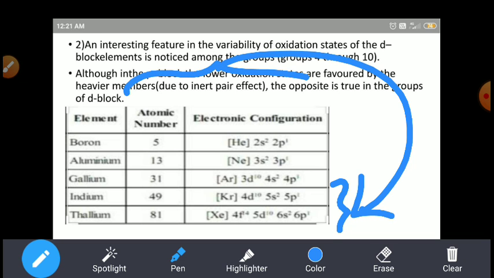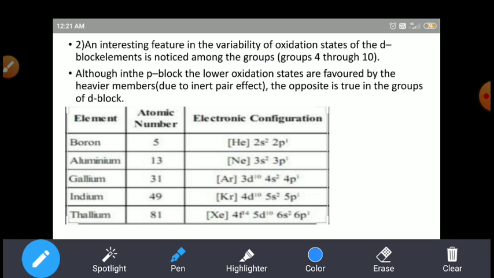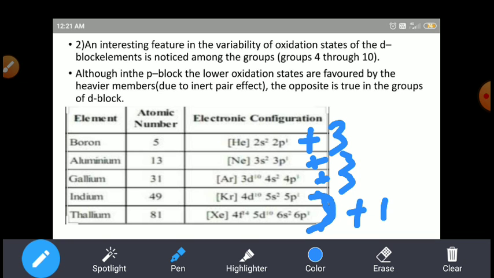Inert pair effect means this: boron shows the +3 oxidation state, aluminum shows +3, gallium shows +3. But the elements at the bottom show only the +1 oxidation state, because in indium and thallium, d block and f block elements are occupying.